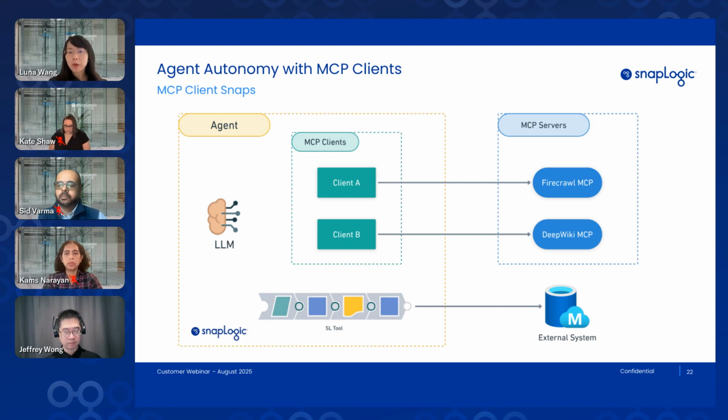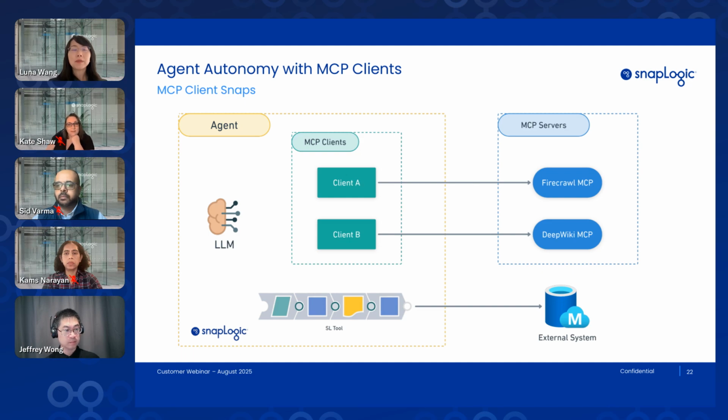The server exposes your tools, your services, resources, or your pipelines for clients to use. And on the client side, by connecting to a model, you enable the model to autonomously choose the server and use the server's tools and resources to answer its question. So that makes the model and the client an agent.